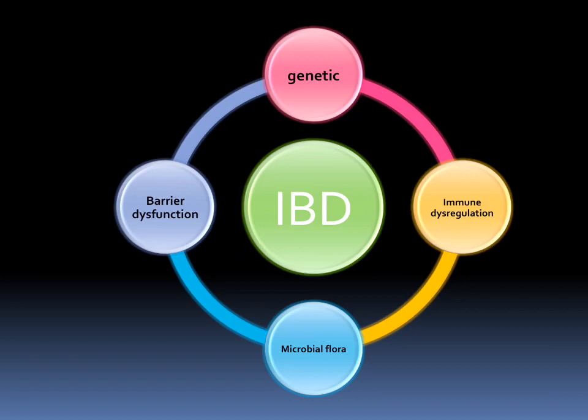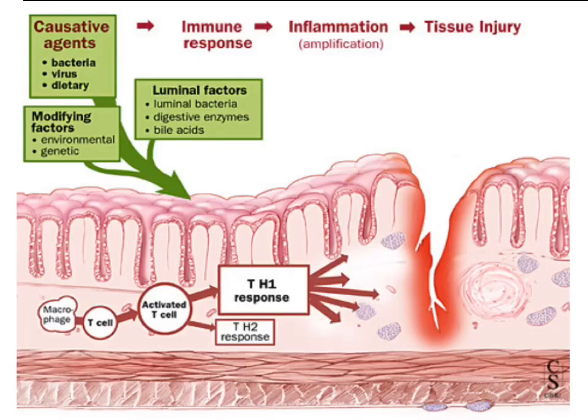The disease is a combination of things. We understand there is probably a genetic predisposition and a change in the microbial flora that lead to immune dysregulation and barrier dysfunction. This happens over time. For some reason, a causative agent has attacked the GI tract.